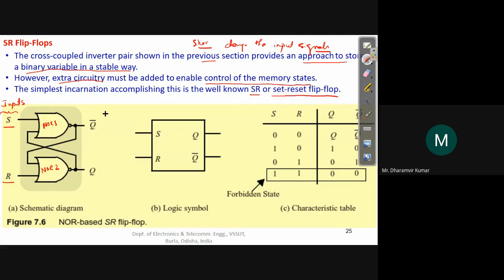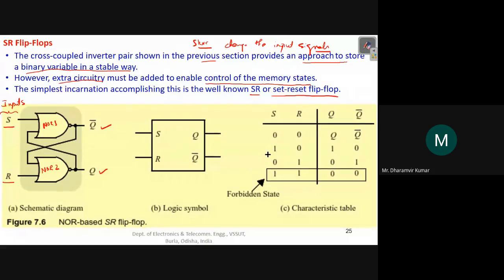These are the inputs S and R, set and reset, and these are the outputs Q bar and Q. This is the simple block diagram having two inputs and two outputs, and this is the truth table for this SR flip flop.